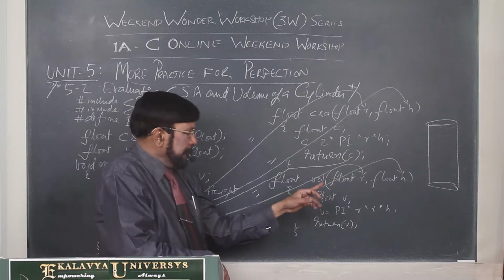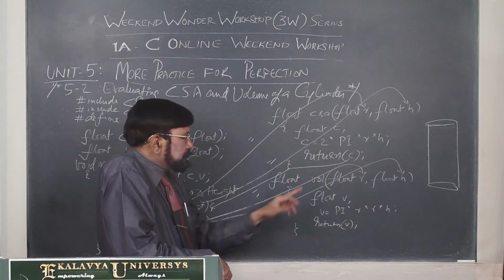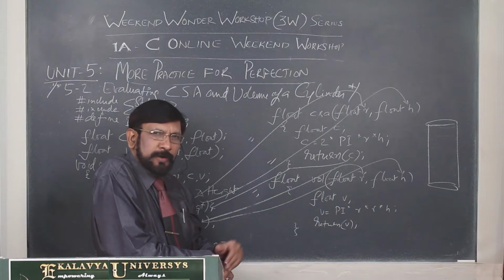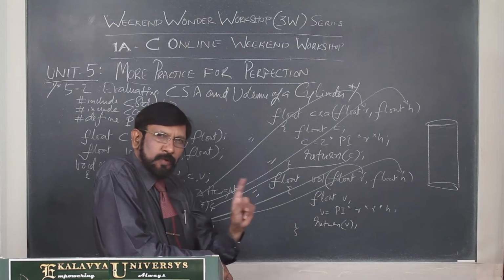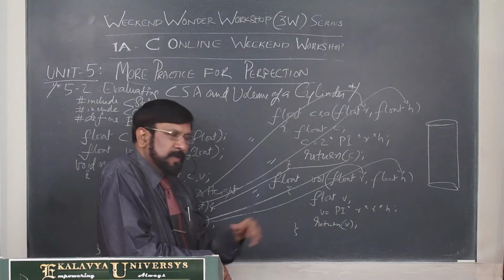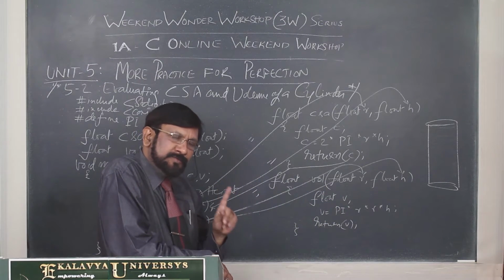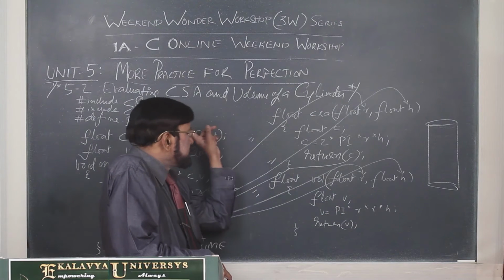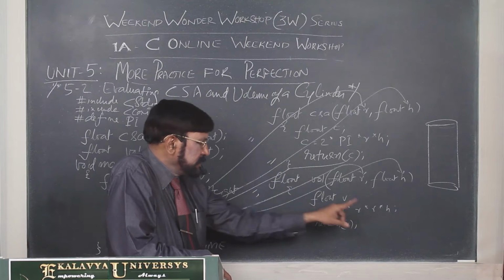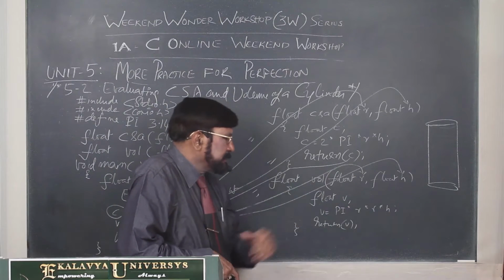Thereafter, let us come to the next function, volume. Here, within the body, you have defined one local variable because a new value is created. V is equal to, what is the formula? Pi r square h. Pi, symbolic constant, r is radius, and height.